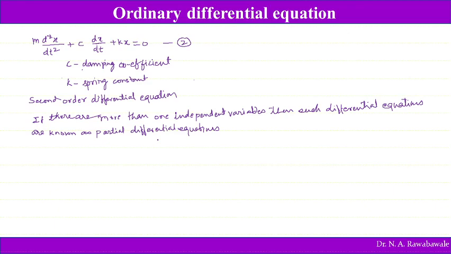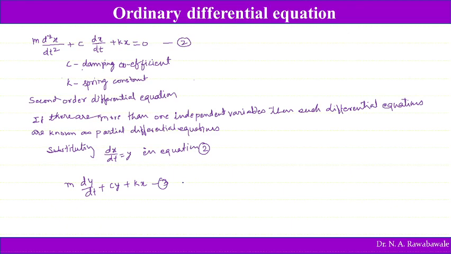Now, to reduce such a higher order equation to first order equations, substituting dx by dt as y in equation number 2, we get m dy by dt plus cy plus kx equal to 0. This is equation number 3.